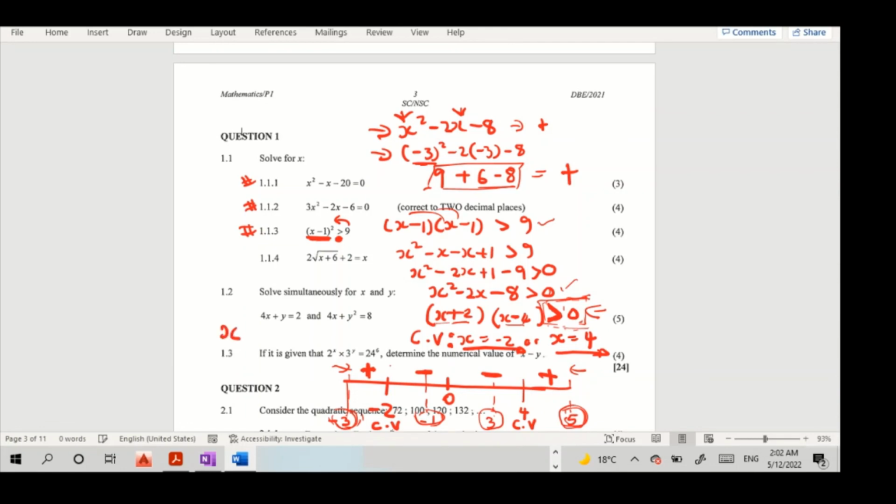So you're going to say x should be less than minus 2. So when x is less than minus 2, it gives you a positive solution. Or when x is greater than 4, this critical value, it gives you a positive solution. So these would be your solutions of x for this problem here, right?